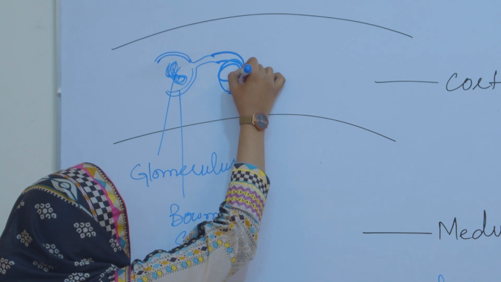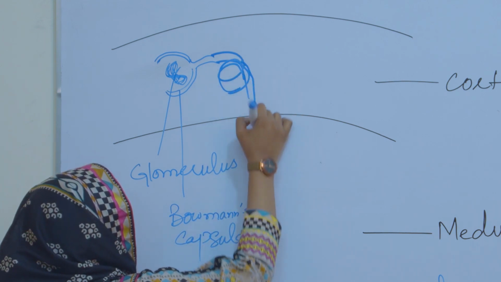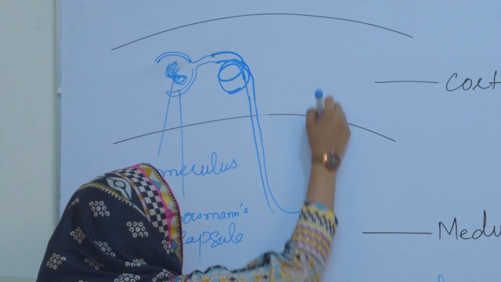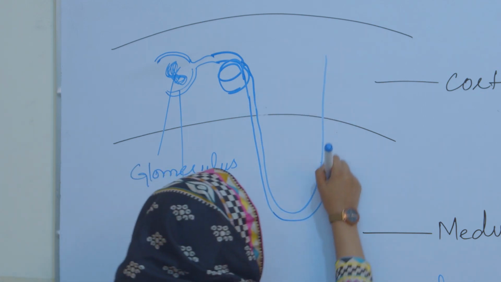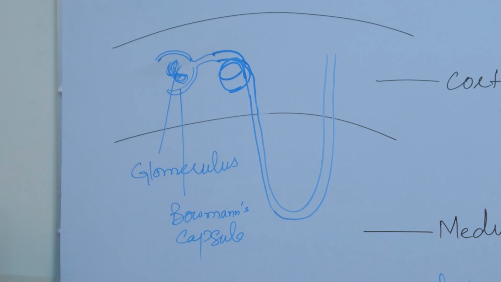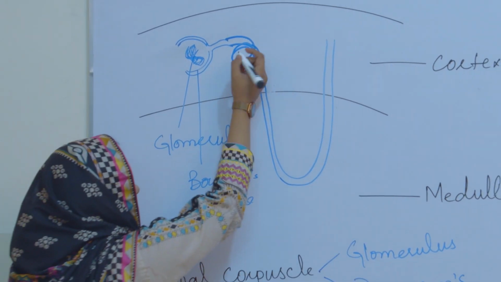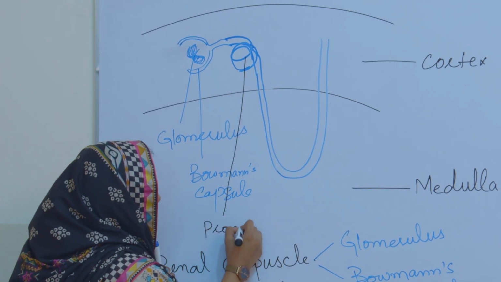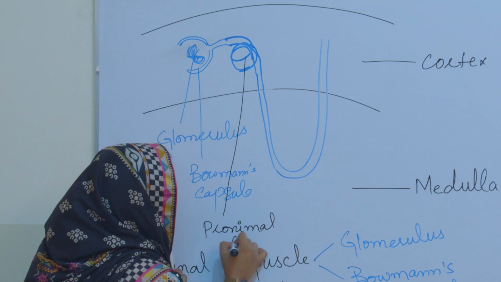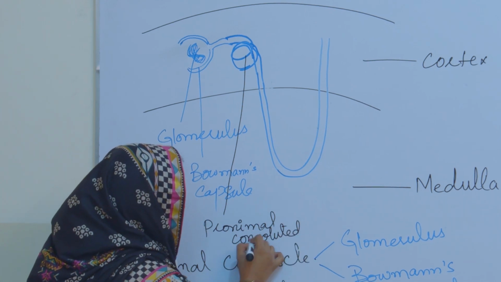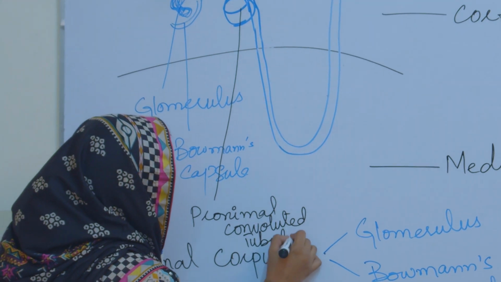This Bowman's capsule is extending, and here it is going to get convoluted a bit, and extending in a kind of U-shaped structure. So when it gets convoluted for the first time, this part is known as the proximal convoluted tubule.